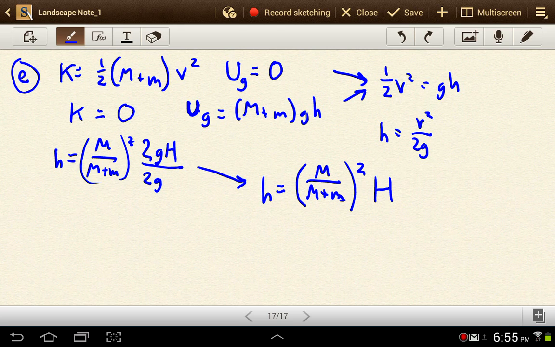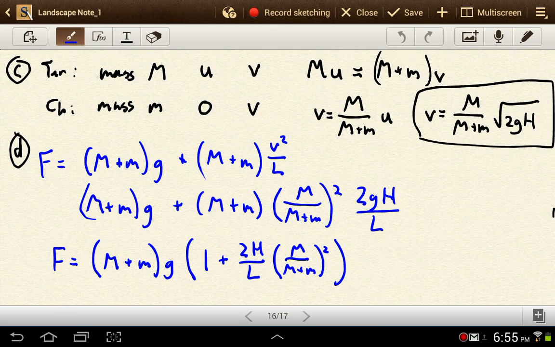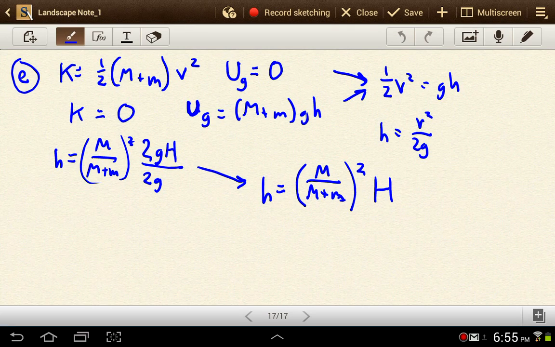The last question was, what's the maximum tension on the rope? Now that's probably something I shouldn't have asked. To really prove that you found the maximum tension, you'd have to find how the tension varies with position.